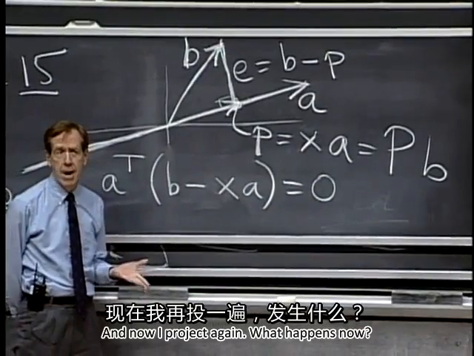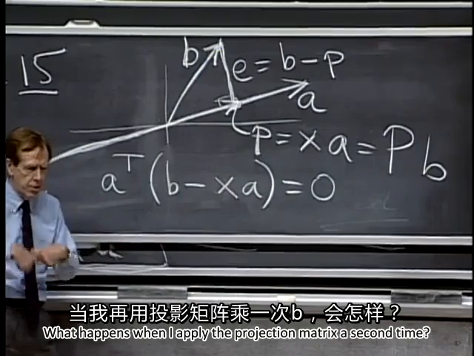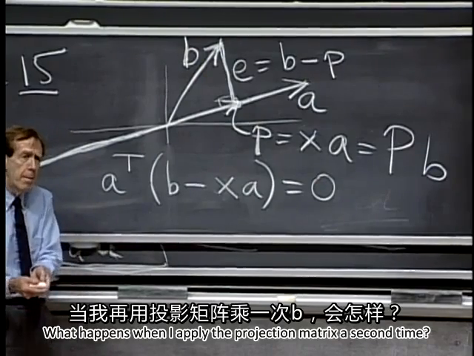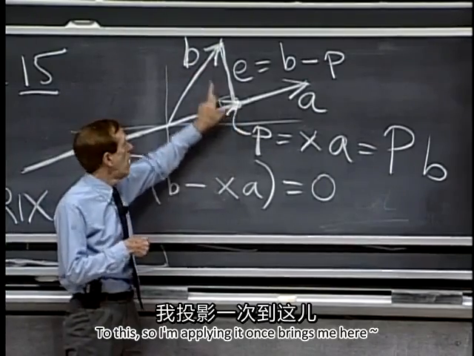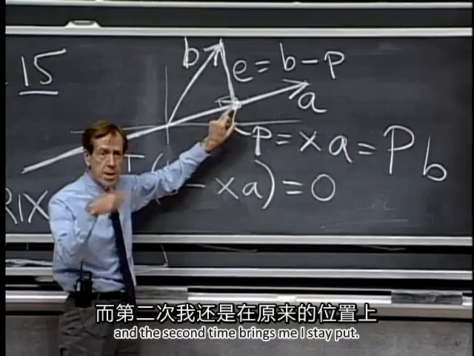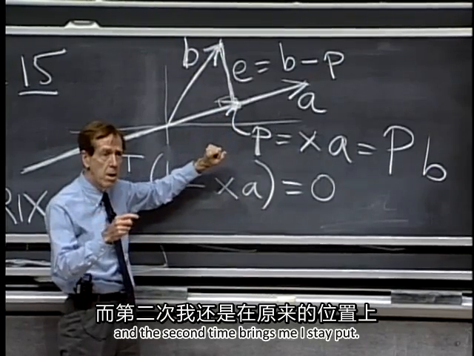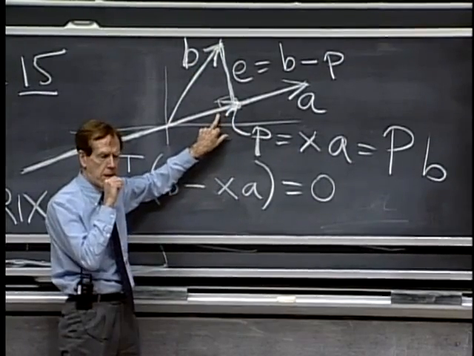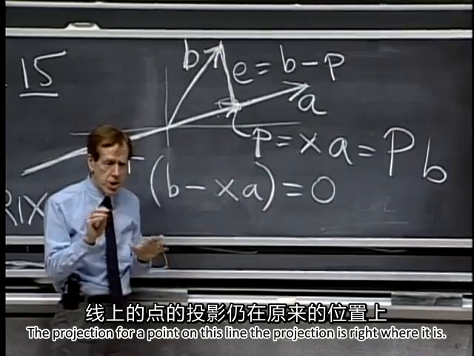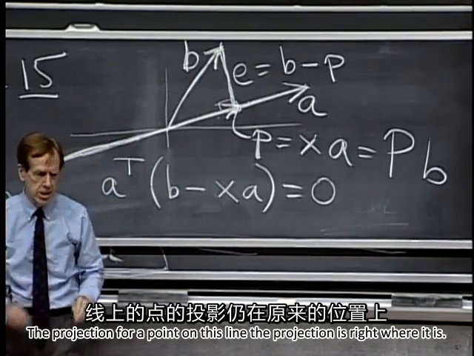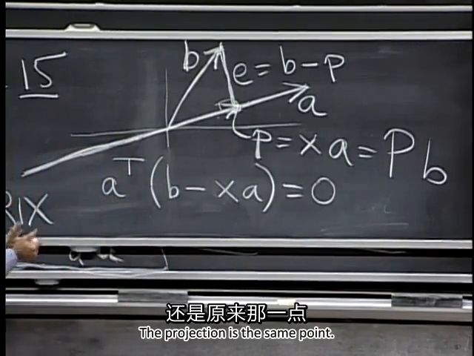What happens when I apply the projection matrix a second time? The first time brings me here, and the second time I stay put, right? The projection of a point on this line is right where it is. The projection is the same point.